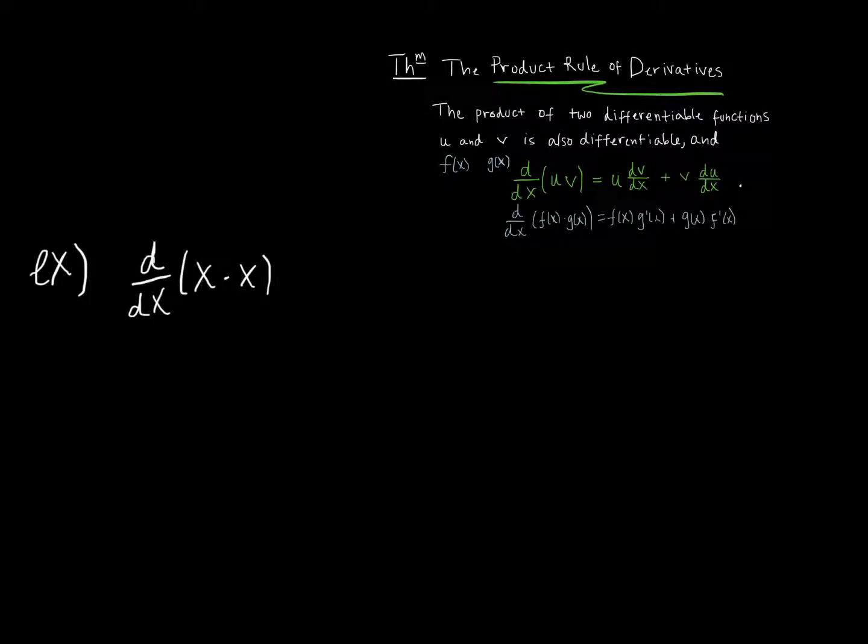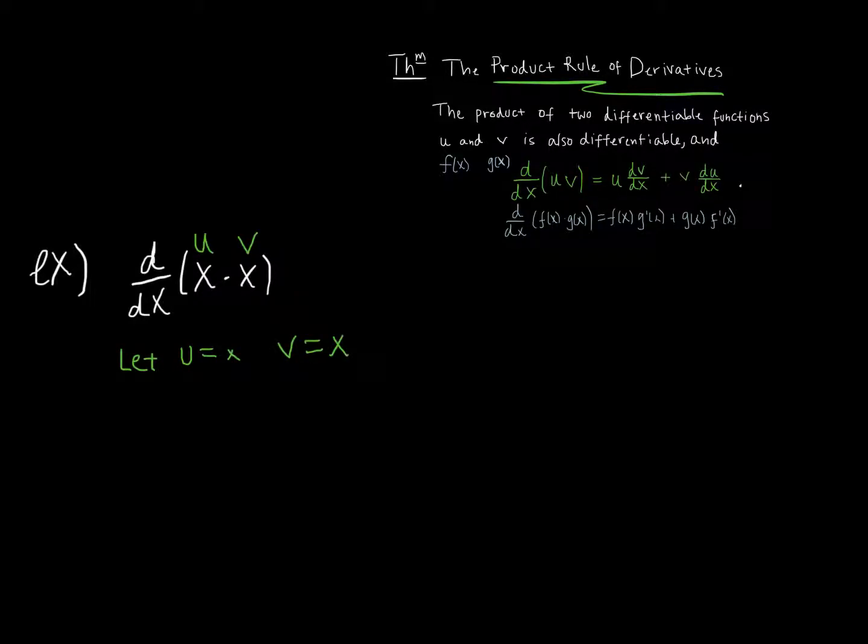So if we take a look at this, we can quickly identify the two functions that are being multiplied by one another, and we can label them as u and v. So what we can say is let u equal x and v equal x.